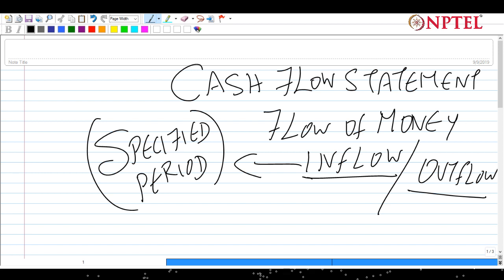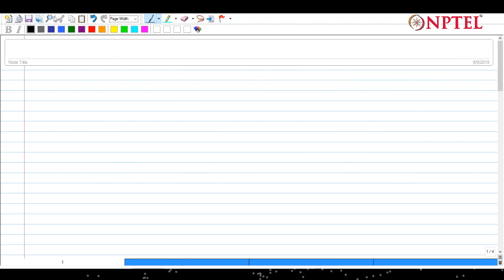When we talk about the cash flow statement, we are looking at inflow and outflow, but these are also classified under three basic categories. The first category is operating cash flows.